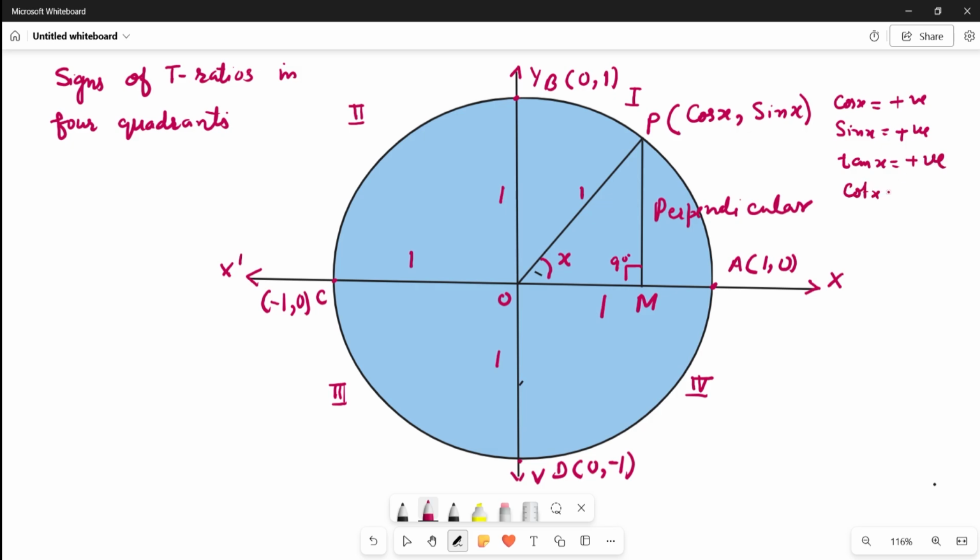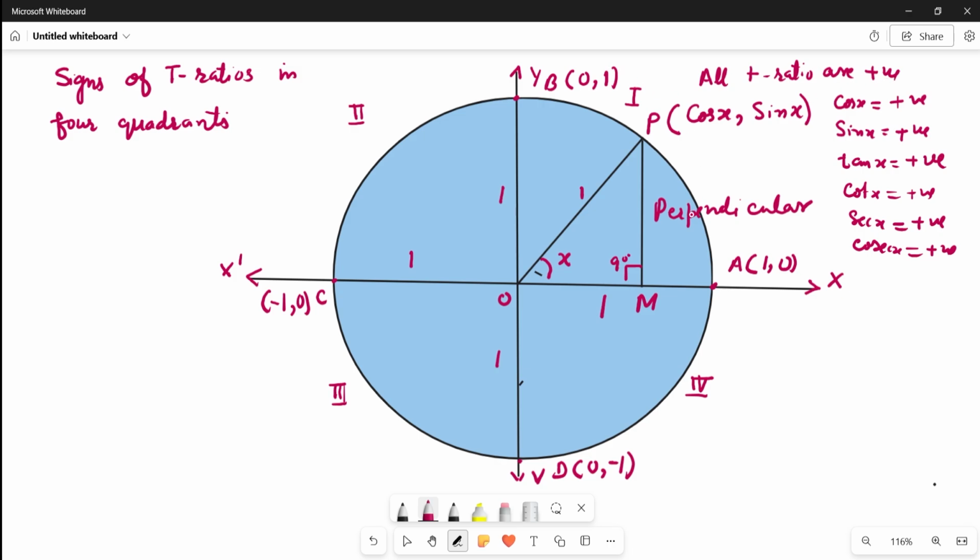Cot x is positive, secant x is positive, and cosecant x is also positive. It means all t ratios are positive.